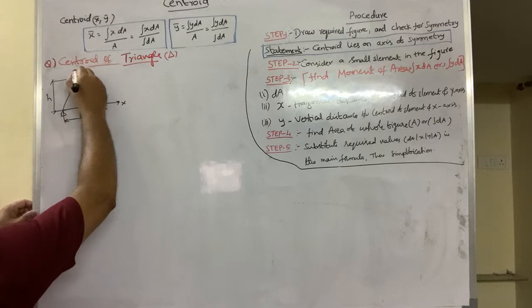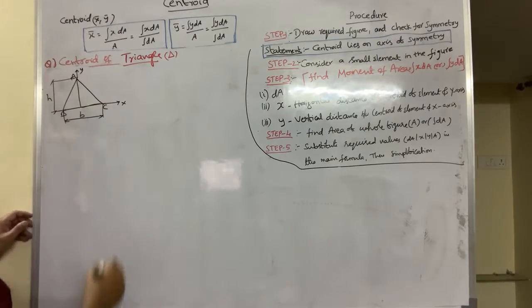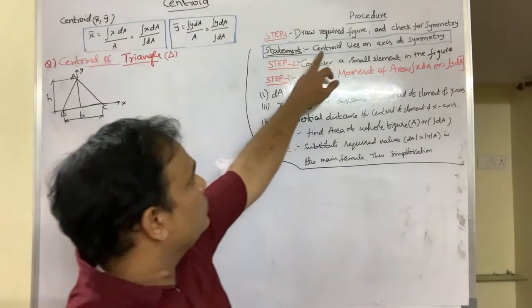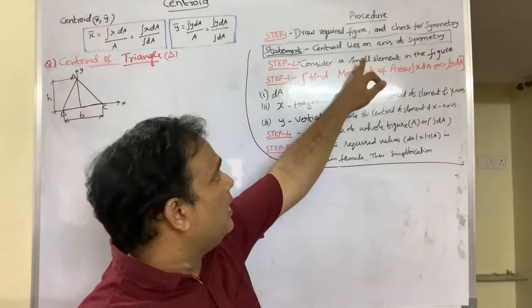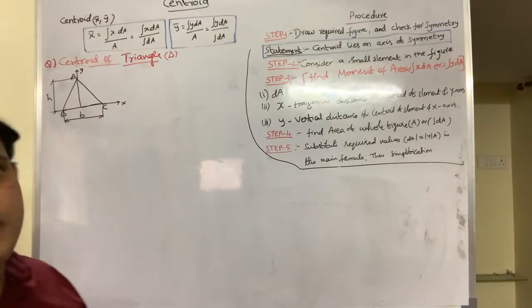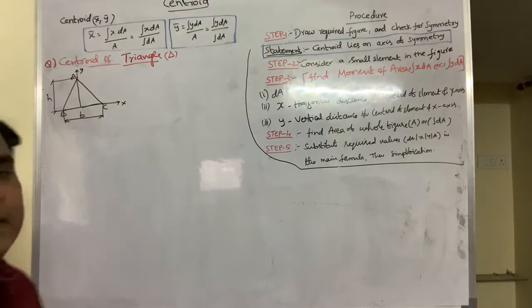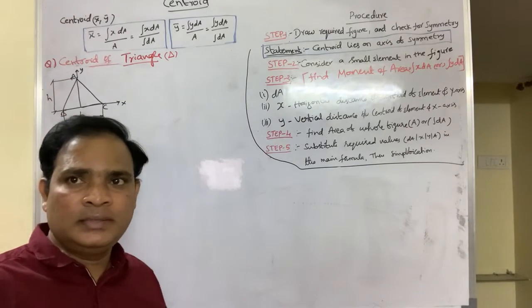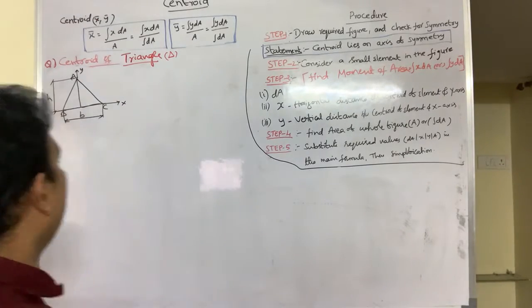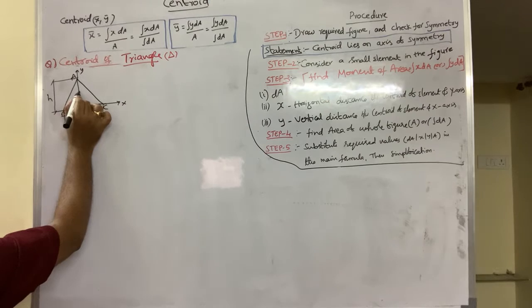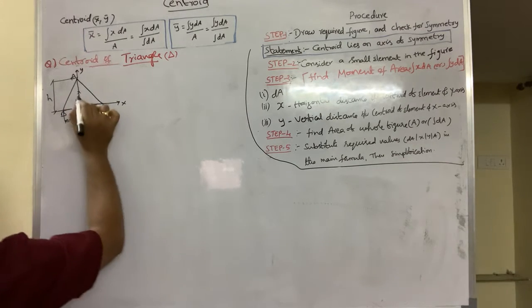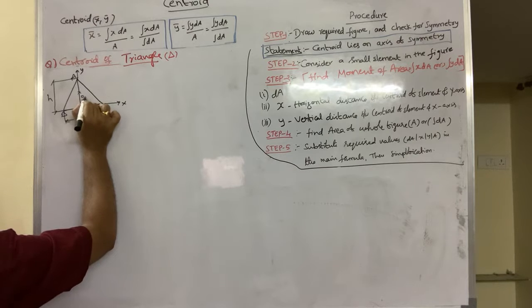This is the x-axis and this is the y-axis. So according to the statement, the centroid must lie on the axis of symmetry. As the y-axis is the axis of symmetry for this figure, the centroid must lie on the y-axis somewhere here. So at this location, what would be the coordinates? 0, y bar.